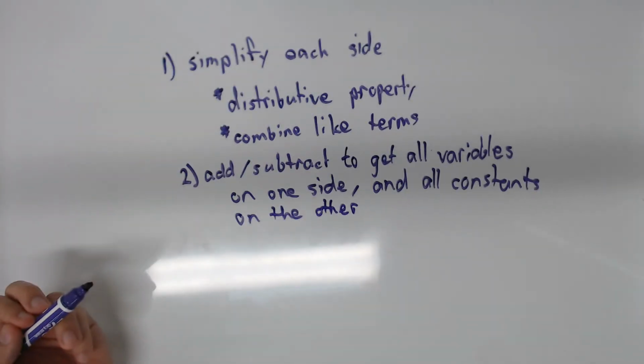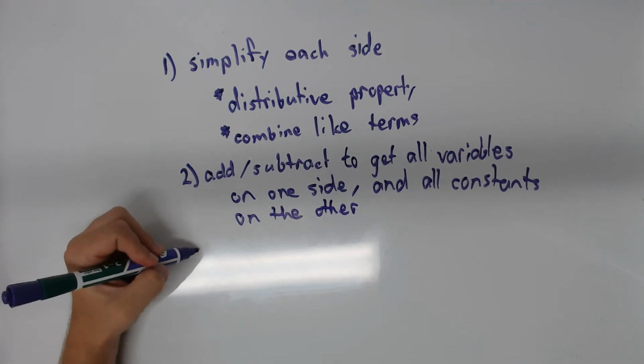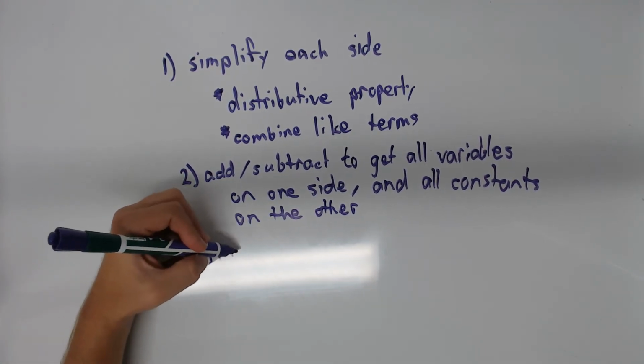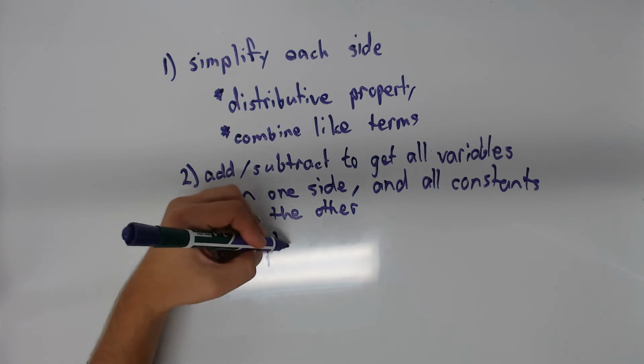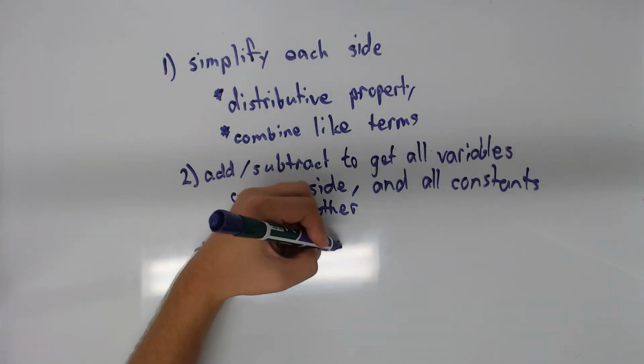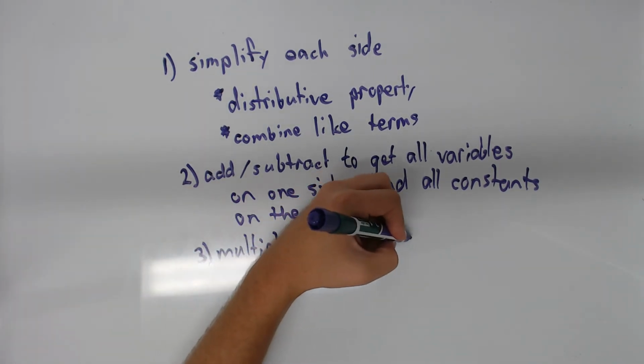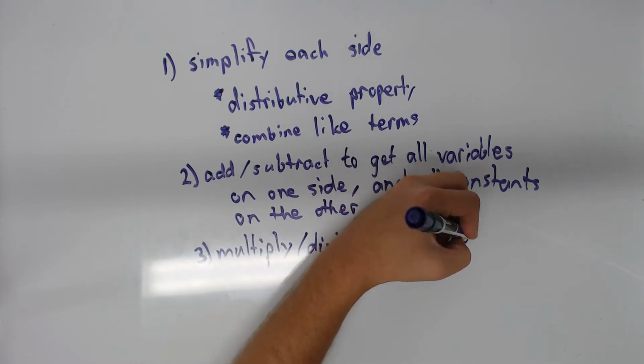Now, if we've successfully done 1 and 2, step 3 should be pretty straightforward. Multiply or divide to get the variable alone. And then we're solved.